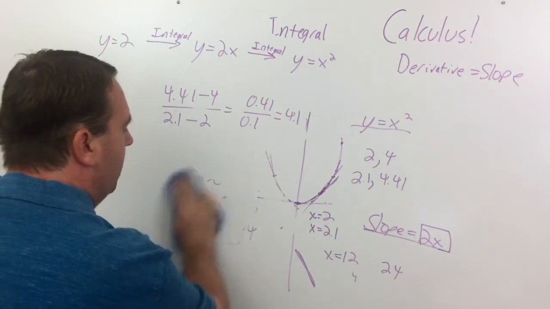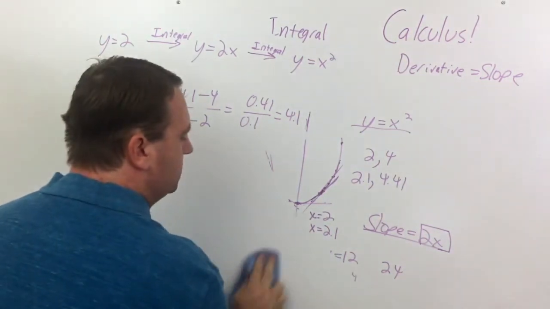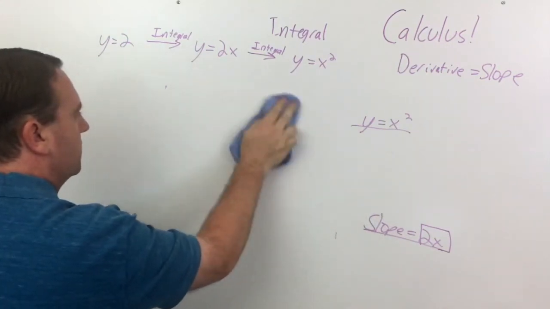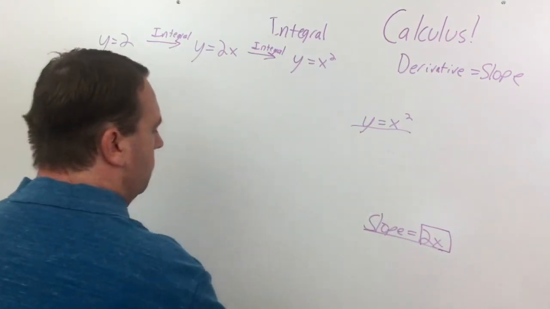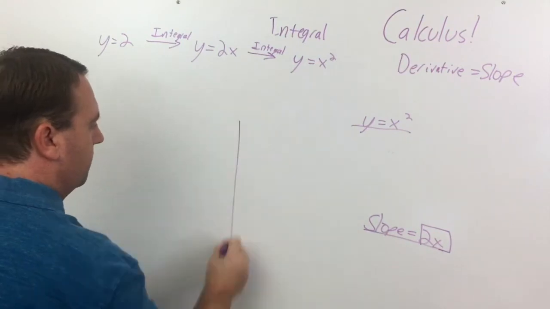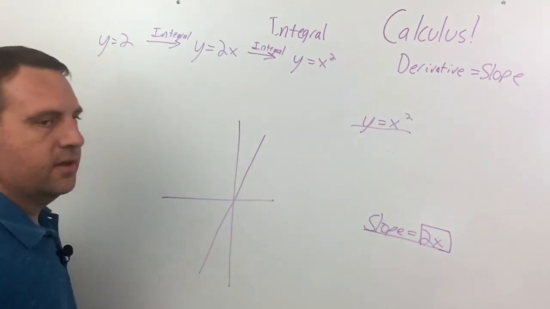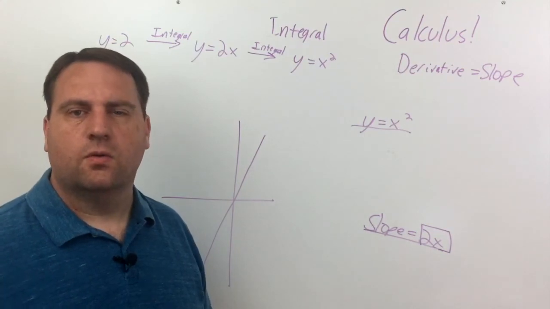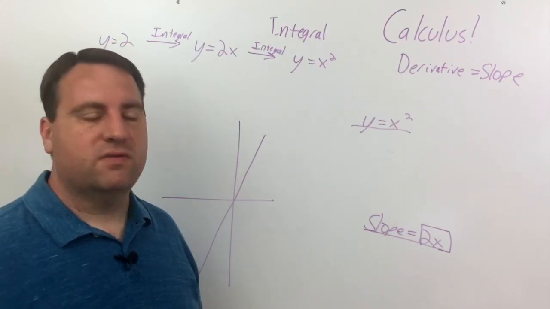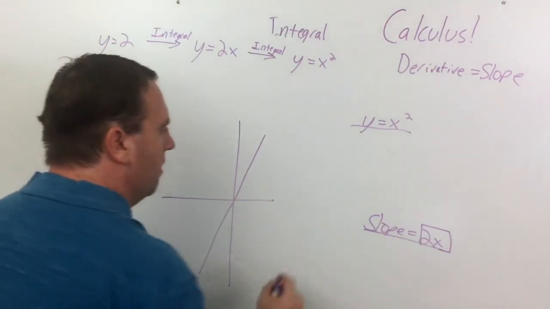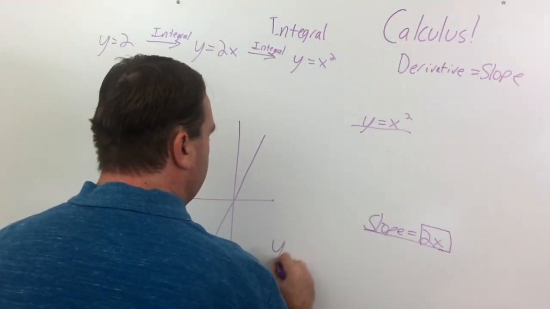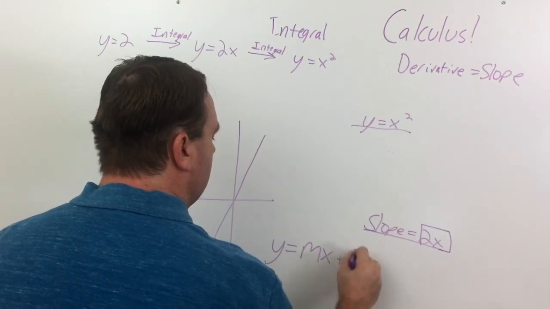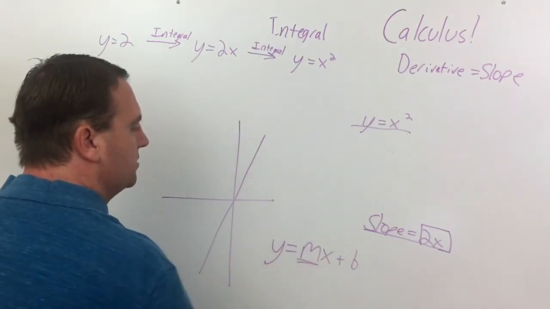So 2x is also a function we can draw. So let's draw y equals 2x. That's just a straight line. Okay? So if it's just a straight line, what's the slope? Well, if you remember your equation for a line, y equals mx plus b, where m is the slope.